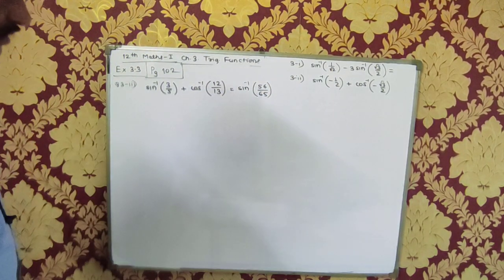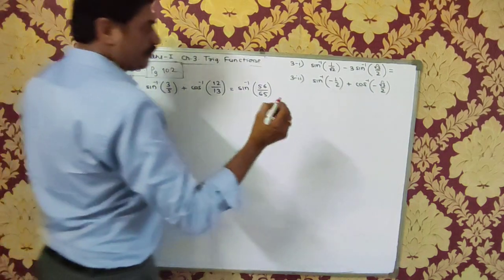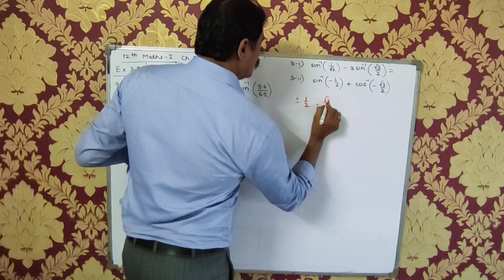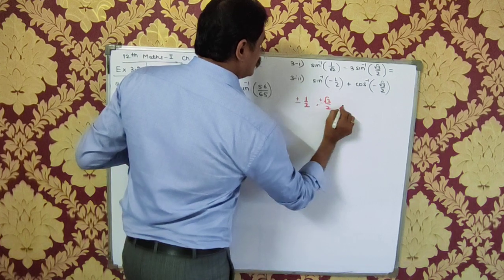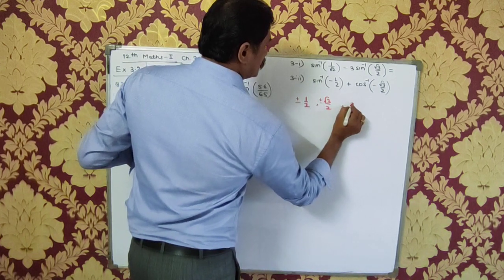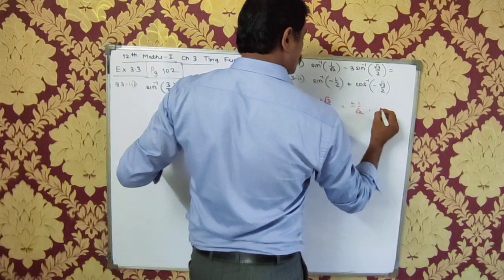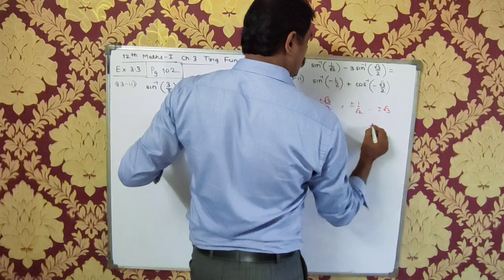Look at the questions. Now, if I talk about the trigonometric ratios like half, plus or minus root 3 by 2, plus or minus 1 upon root 3, plus or minus root 3, plus or minus 1.